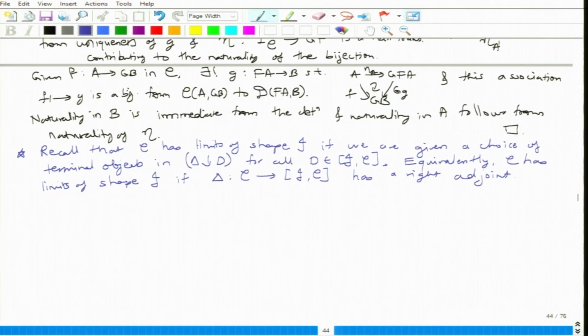So basically what we are saying is a category has limits of a particular shape if that statement is nothing but this delta functor, the constant diagram functor, has a right adjoint, and that right adjoint is the limit.